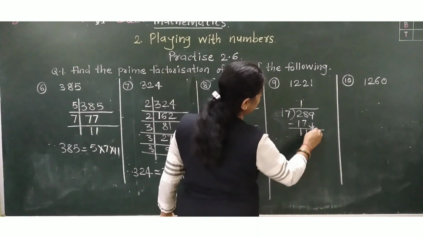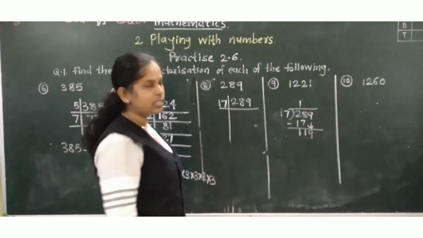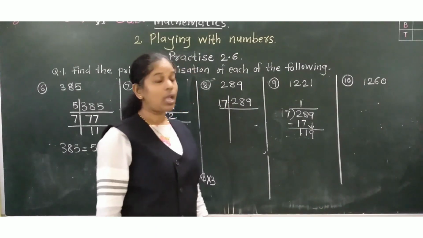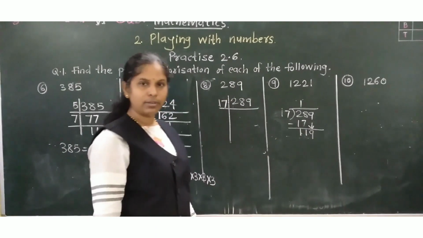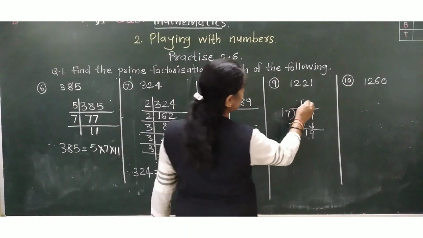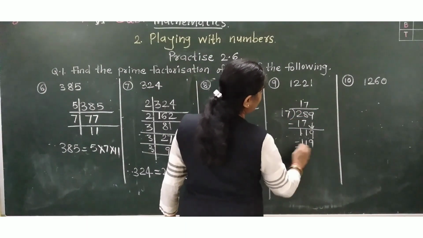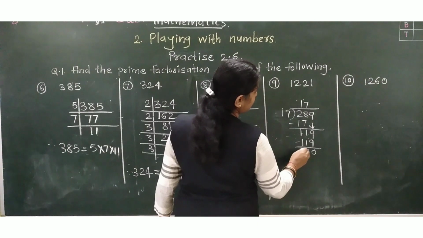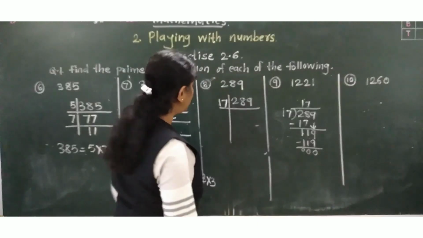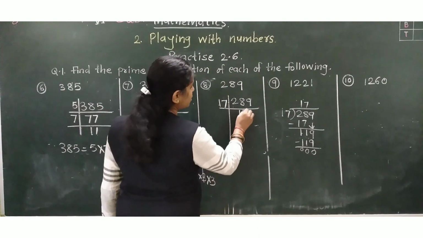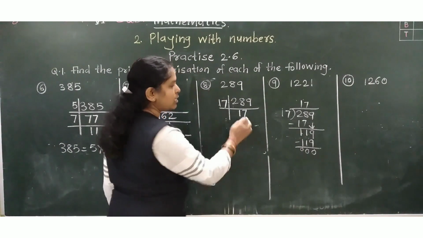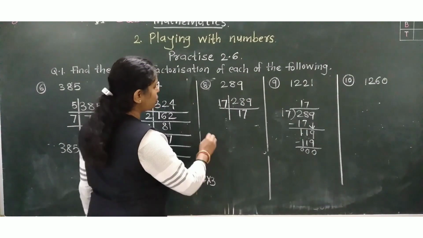Take 9. And in 17's table, 119 is there. Yes, 17 7s are 119. Got it? That means the answer is 17. And 17 is a prime number. So we have to stop.